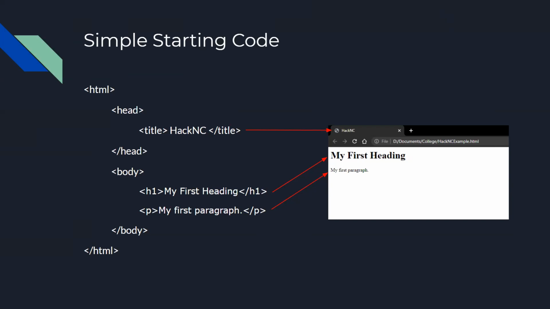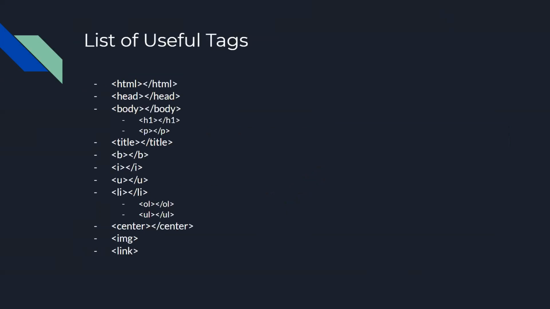All right, you want me to go to the next one? Yeah. All right, so there are many tags in HTML, and they do many different things. For starters, these are a few that you can play with, and you can definitely look this up. There are tons of useful websites that tell you all these different tags.